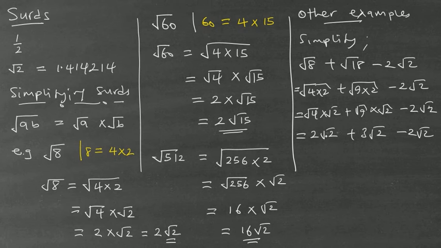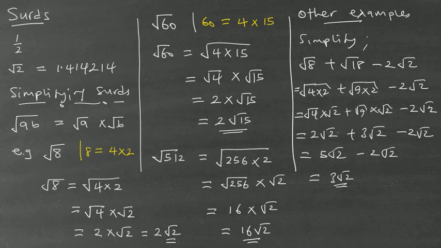Since they all have root 2, it's like 2 plus 3, which gives us 5 root 2 minus 2 root 2. Now again, they still have the same surd, so we can subtract, giving us 3 root 2.